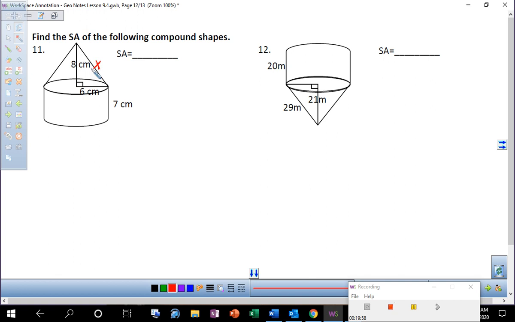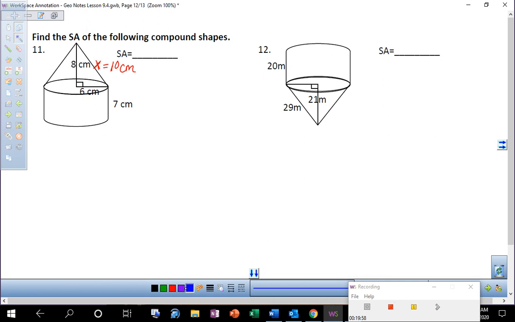So first thing I need to do is take care of that before I start worrying about my surface area. Well, again, we've had this triangle already, 6, 8, 10. There's that special triangle, so I'm not going to write out the Pythagorean theorem for that one again. We did that one earlier, so there's a 6, 8, 10. Now we have our lateral area, so we can figure out the surface area.